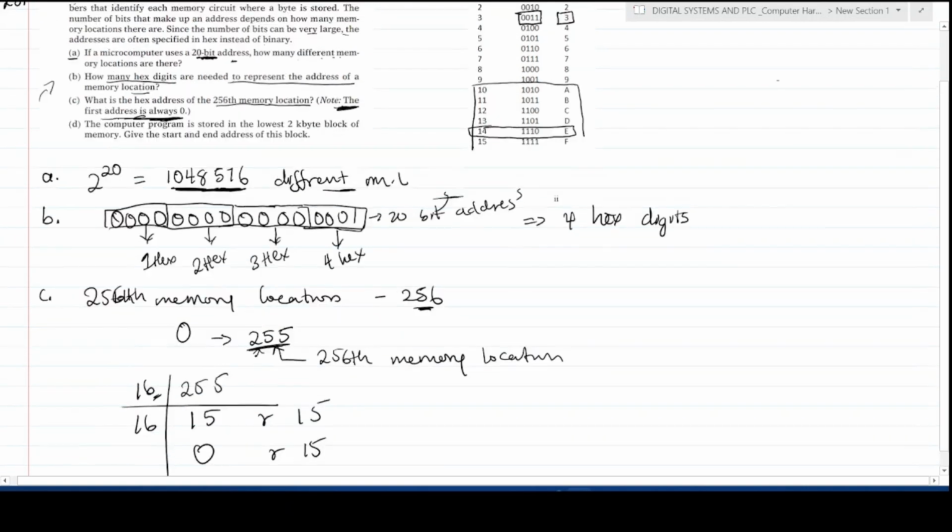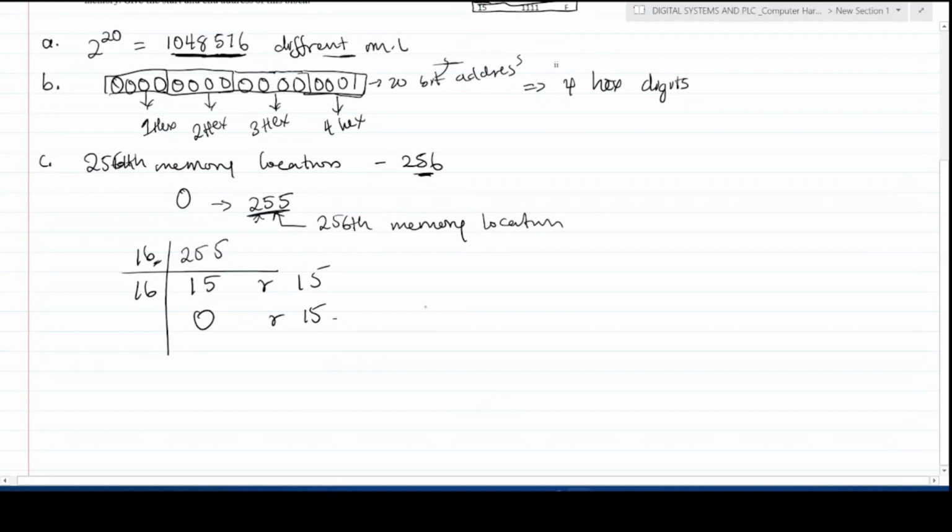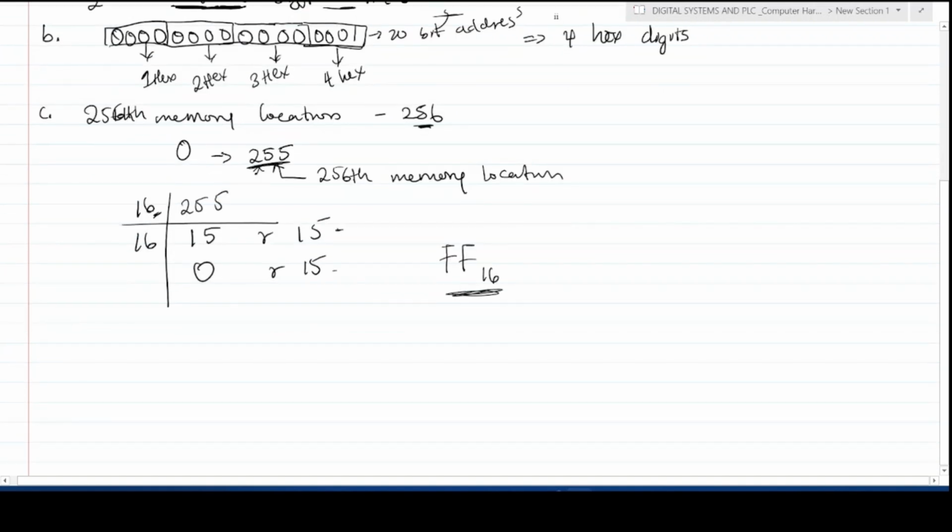Now in hex, whenever you have values greater than 9, you start representing them with letters. 15 is represented as F. So we represent this 15 as F and this 15 as F in base 16. So therefore, this is our final answer for this question.